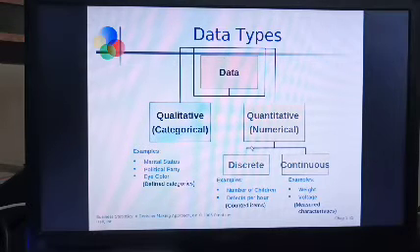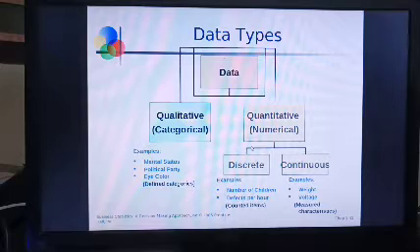Whereas quantitative data types are numerical. And these are the kind of data types that we are interested in, because these are the data that easily compute. Although there are ways that categorical data can be somehow translated into numbers. But for now, we are more interested in numerical or quantitative data.